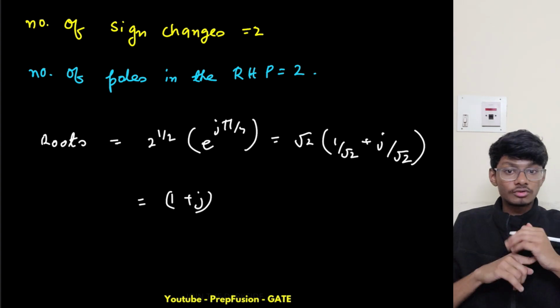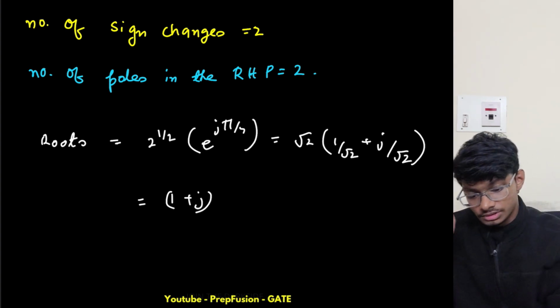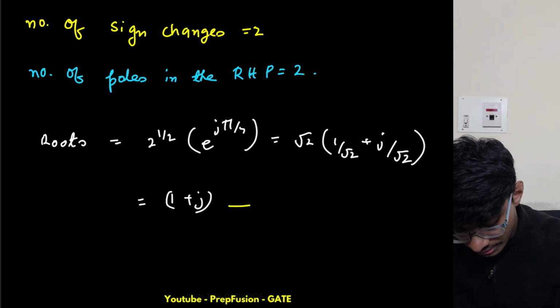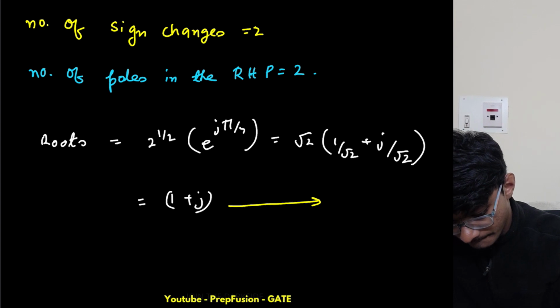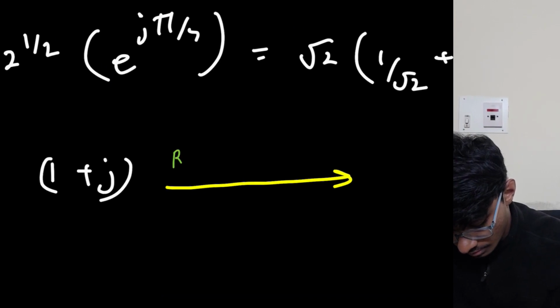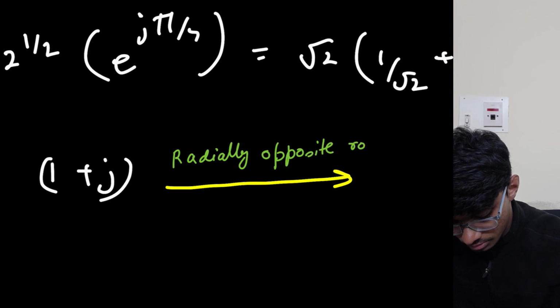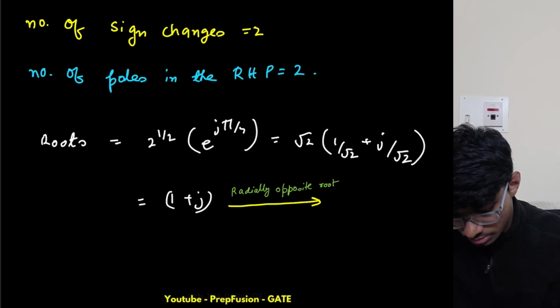Okay, now another one will be exactly radially opposite. So if I have a radially opposite root, what I will write here is minus 1 minus j.